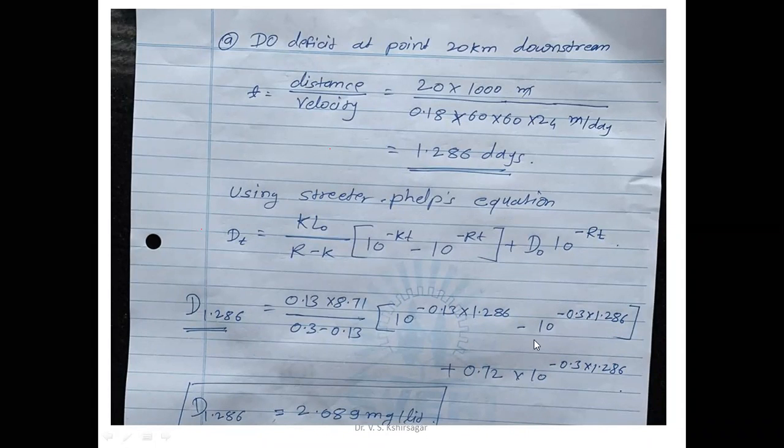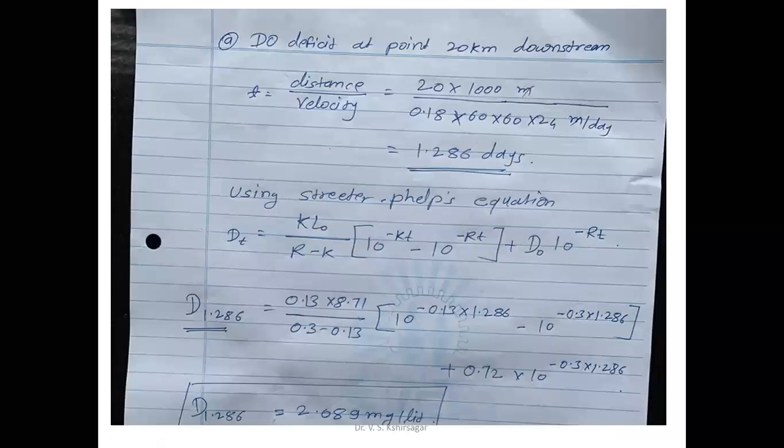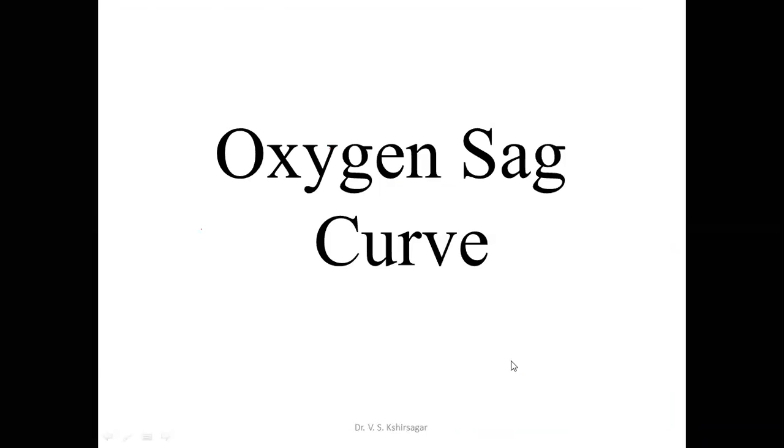It is the initial dissolved oxygen deficit. That also we have determined by using the equation D naught is equal to saturated dissolved oxygen level minus actual dissolved oxygen level of stream, and that we have calculated, 0.72, into 10 raised to minus 0.3 into 1.286, the time.